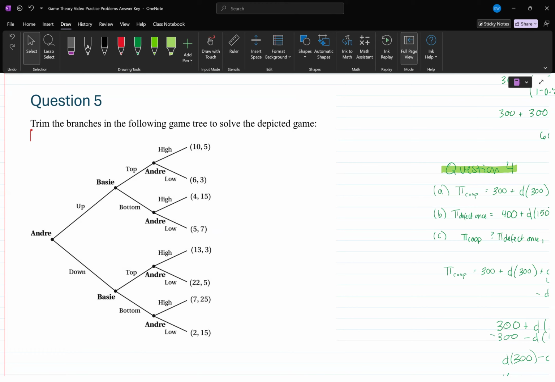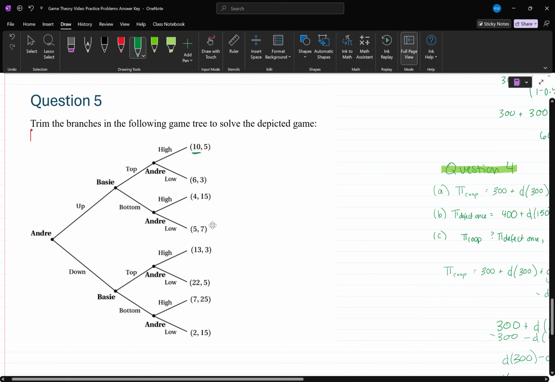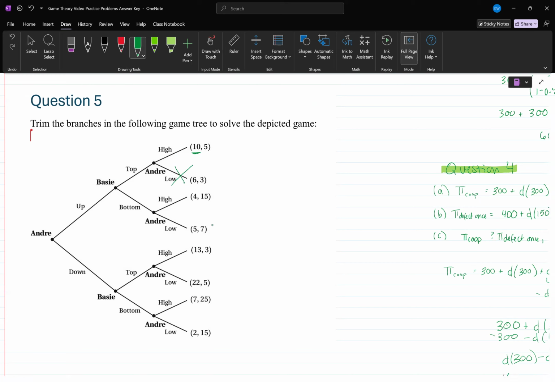So we're going to start with Andre, who says, okay, if I play up, we want to know, is Basie going to play top or bottom? If she plays top, then we know that Andre is going to play high because he gets a payoff of 10 and not low. If Basie plays bottom, then Andre's going to play low because he gets a payoff of 5 and not 4.